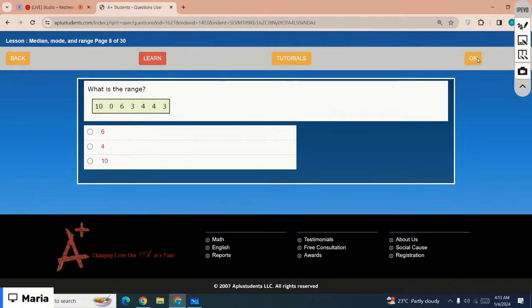Range is the difference between the smallest number and the greatest number in the given data. So, which is the smallest and greatest number in the given data?